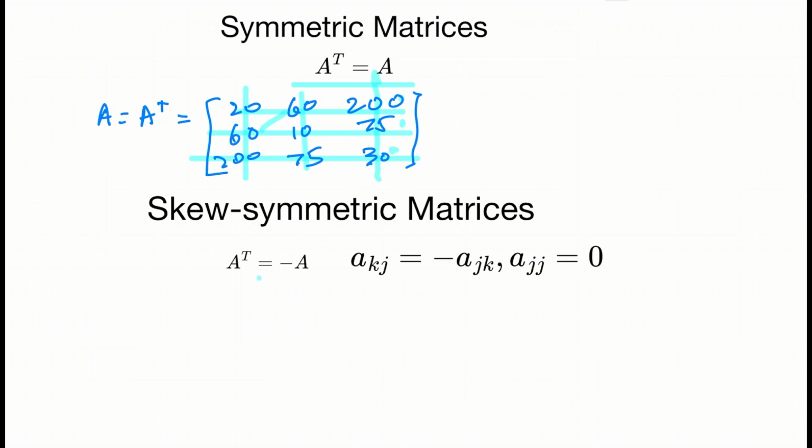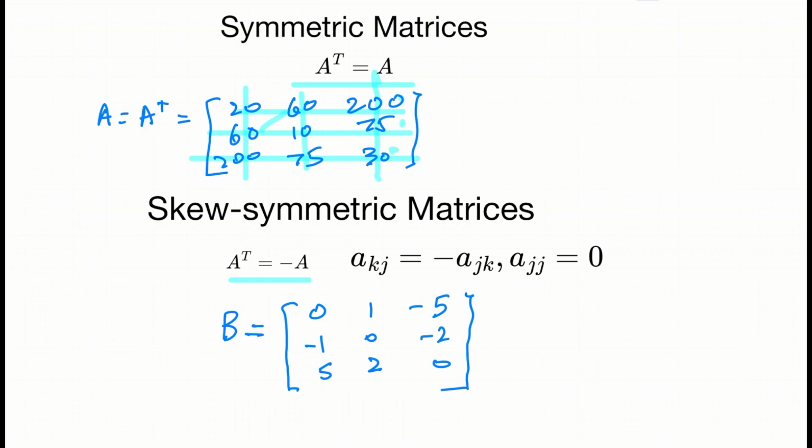Now, a skew-symmetric matrix is slightly different. There it's equal to the negative. So let's look at an example of that. So B is going to be equal to 0, minus 1, 5, 1, 0, 2, just making this up, minus 5, minus 2, and 0.